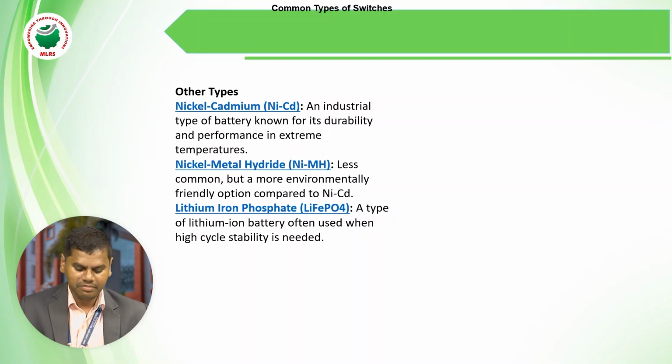Next, nickel metal hydride is less common but a more environmentally friendly option compared to nickel cadmium. Next, lithium iron phosphate, LiFePO4, a type of lithium ion battery often used when high cycle stability is needed.